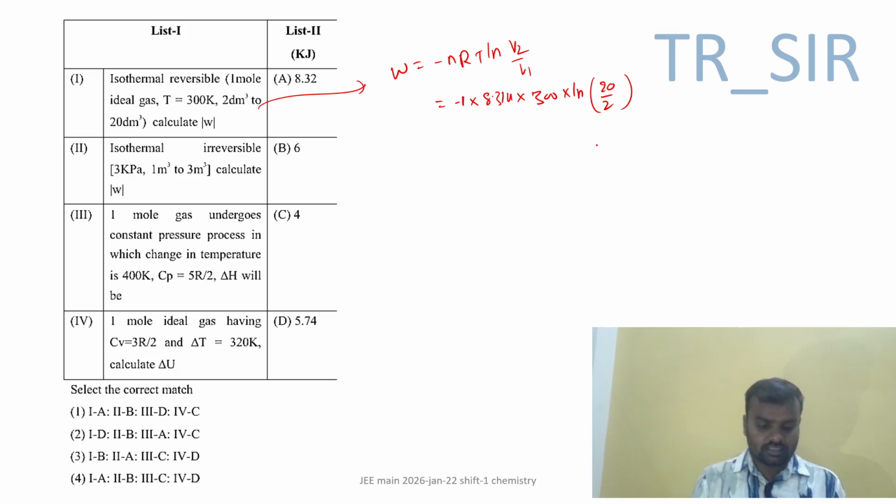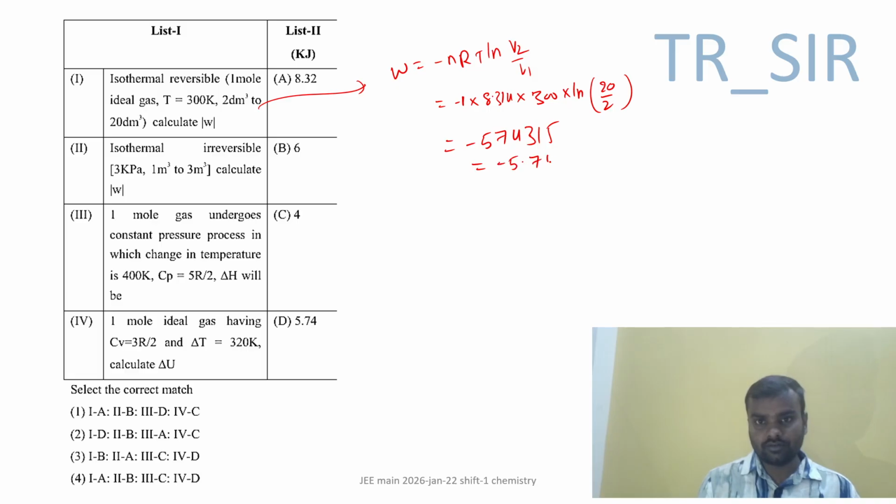Finally you get ln 10 into 300 into 8.314. It is coming minus 5743.1 joules, so the answer should be in kilojoules, 5.74. So this will be D.